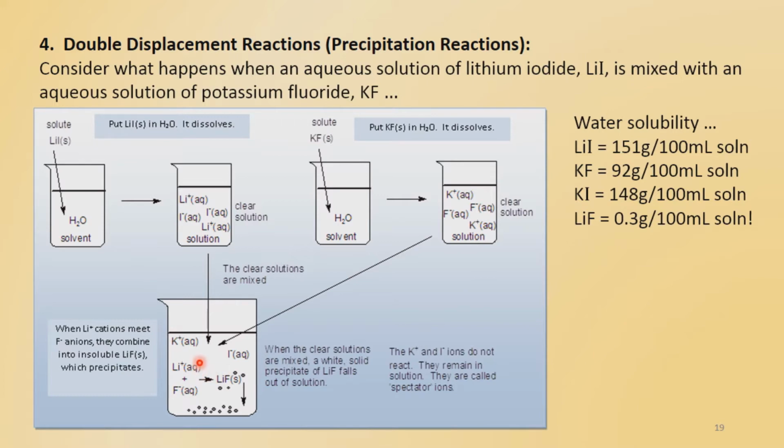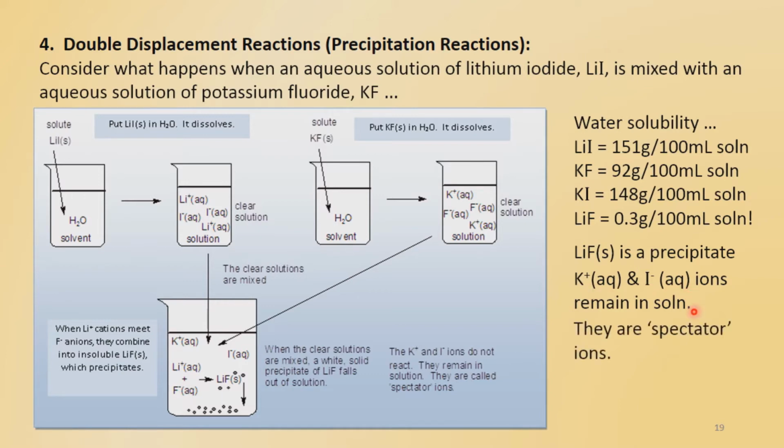When a lithium cation collides with a fluoride anion, they will combine together so strongly that water can't separate them, and they will immediately precipitate as a solid, lithium fluoride. Its solubility is approximately 0.3 grams per 100 mL of solution. And lithium fluoride is thus a precipitate. Potassium and iodide ions remain in solution, and they are spectator ions. And this is a precipitation reaction.